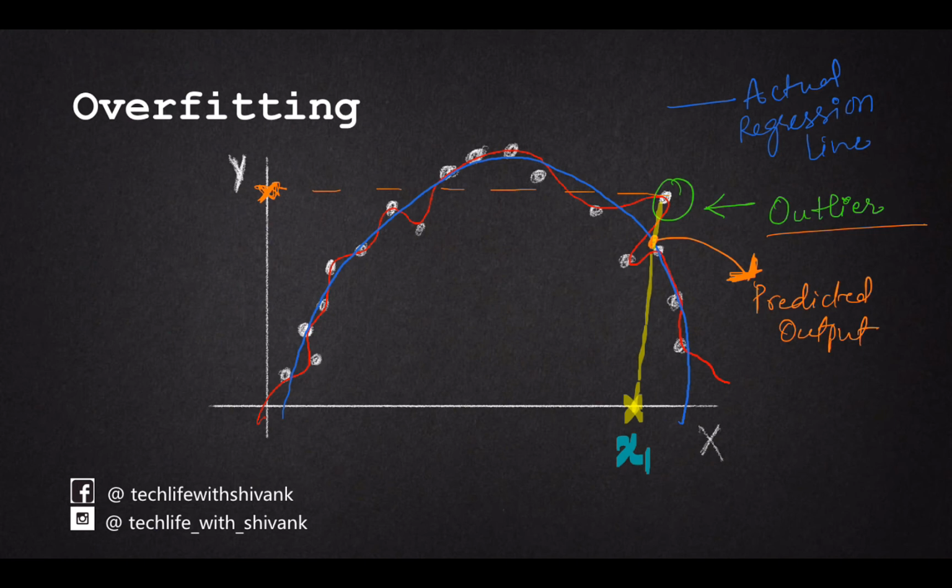We will expect our model to predict a value somewhere here. So this is the right value and this is the overfitted model prediction. Hence, if our model is overfitted, we need to make our model simpler so that it is able to learn the generalized pattern between input and output.